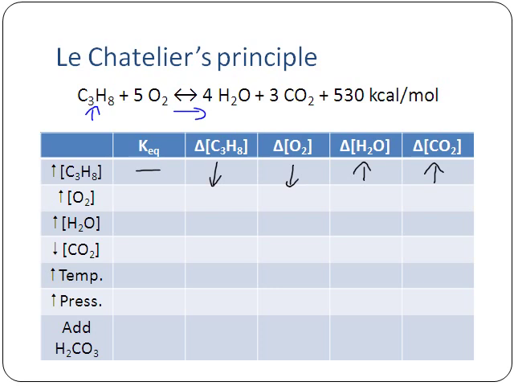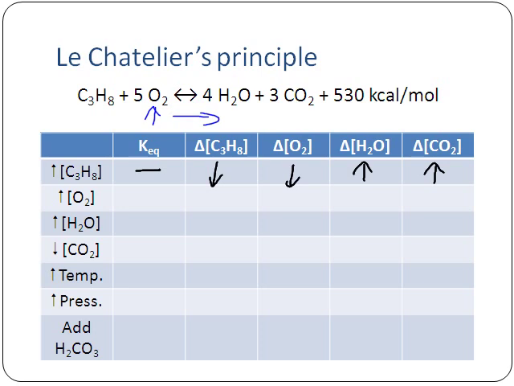All right? Now, let's look at what happens if we see an increase in O2. So let's say that we've got an increase in oxygen concentration. If the concentration of O2 goes up, Le Chatelier's principle says the reaction will move in order to make the concentration of O2 go down. That means it's going to proceed away from O2, and so it's going to shift to the right.